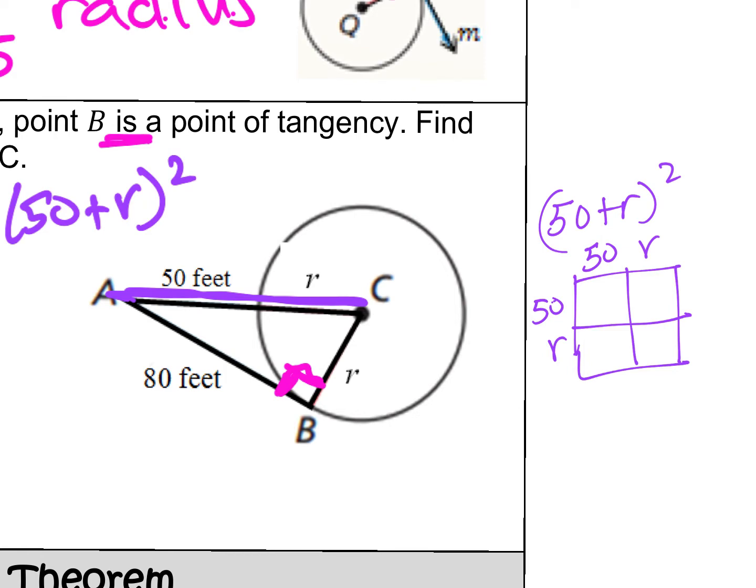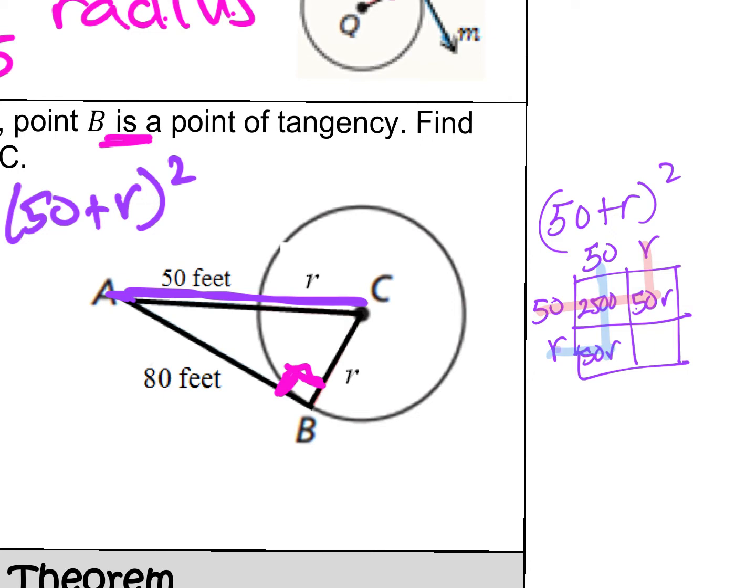So right here would be 2500. I have 50r. I also have 50r. So what I'm doing is I'm combining the two.